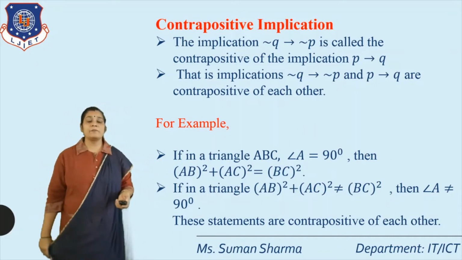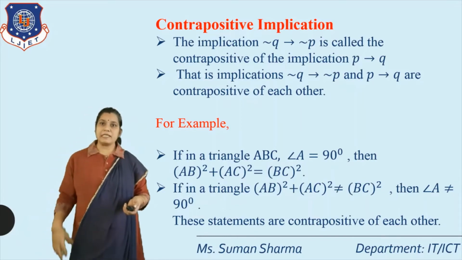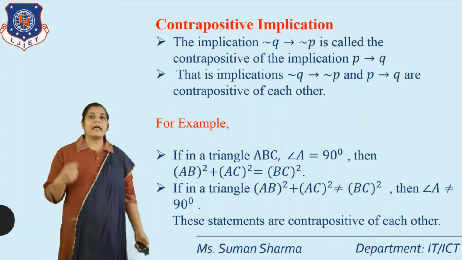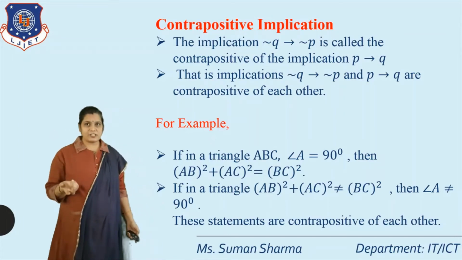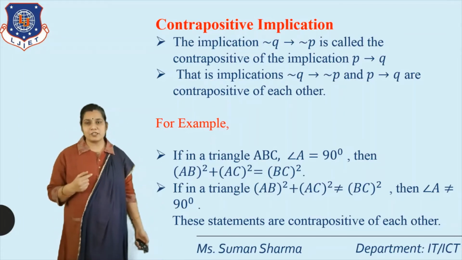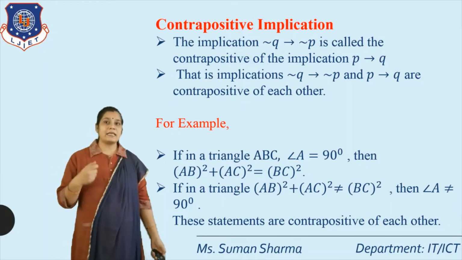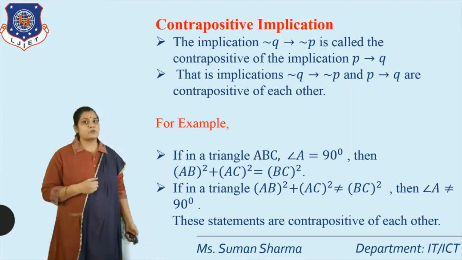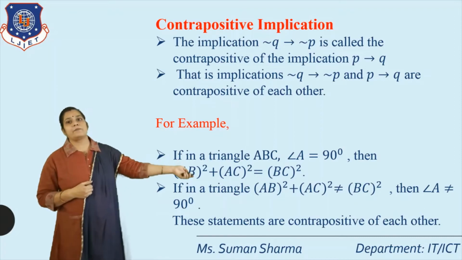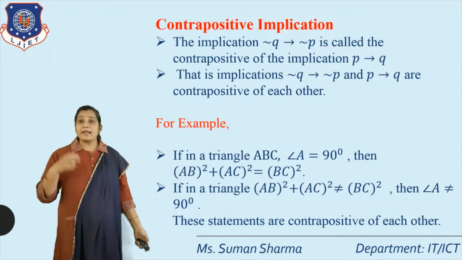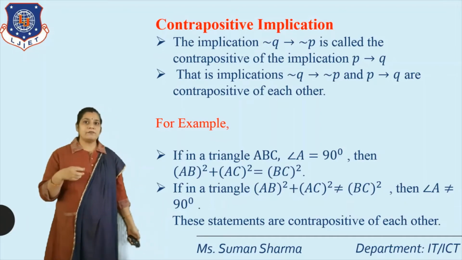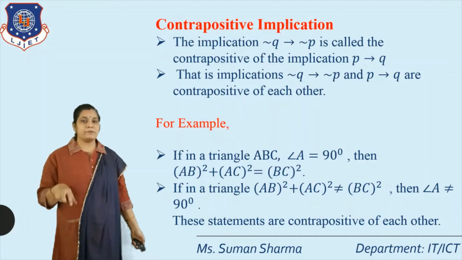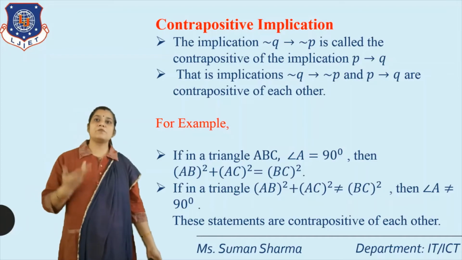So for example, if ABC is a triangle and angle A is equal to 90 degrees, then with the help of the Pythagoras theorem. What is the Pythagoras theorem? Pythagoras theorem is AB square plus AC square is equal to BC square. So if angle A is 90 degrees, then with the help of the Pythagoras theorem, AB square plus AC square is equal to BC square.